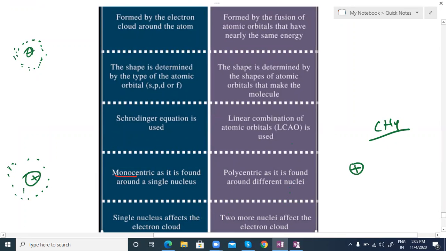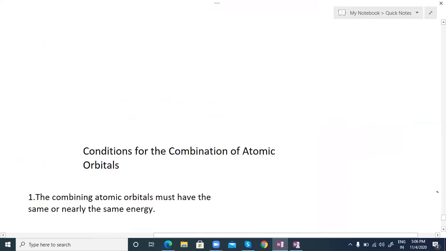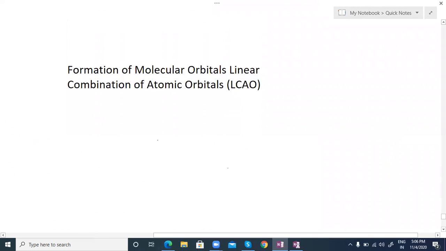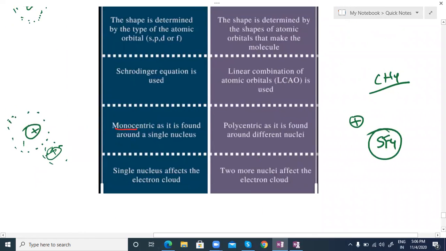Monocentric means one nucleus, polycentric means more than one. In an atom, only its own electrons are involved. But in a molecule, more nuclei can affect the electron cloud, for example SF4 or any molecule. The electrons distributed between the atoms are controlled by all those atoms. So this is the difference between atomic orbitals and molecular orbitals.